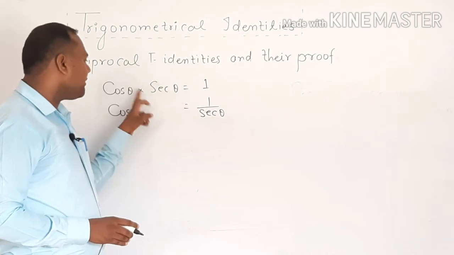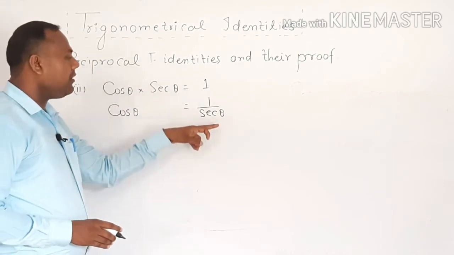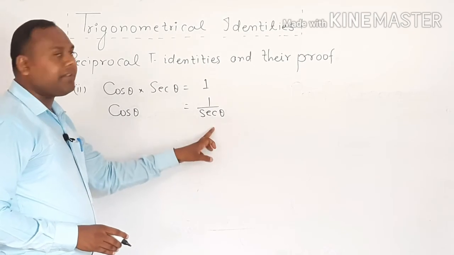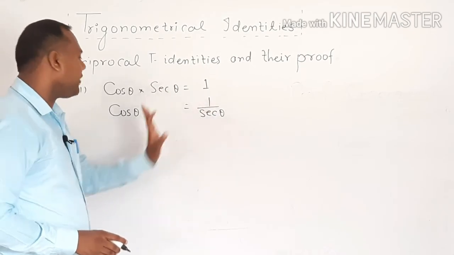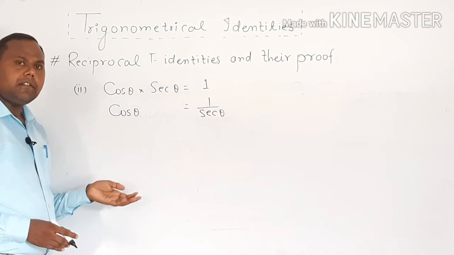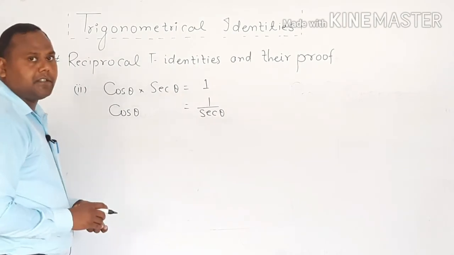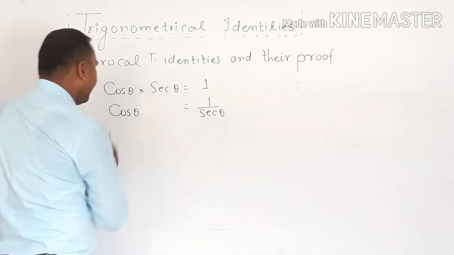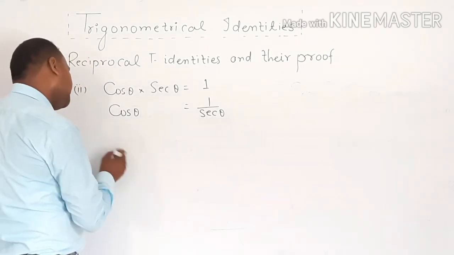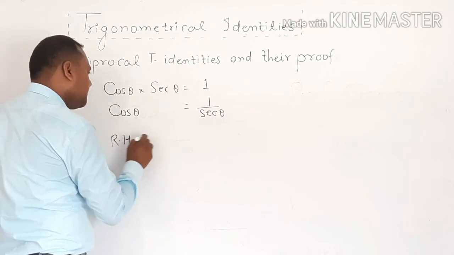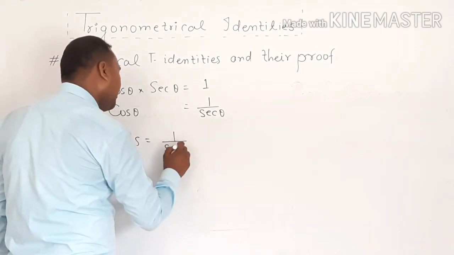That means this multiplication, after going to the other side of the equal sign, turns into division form. And you can prove it in a similar way as in the previously discussed identities. So RHS will be equal to 1 upon sec of theta.